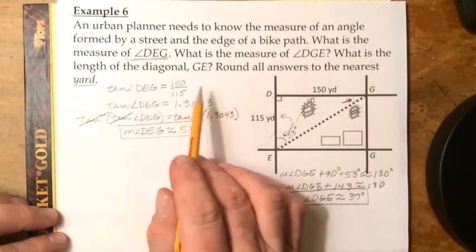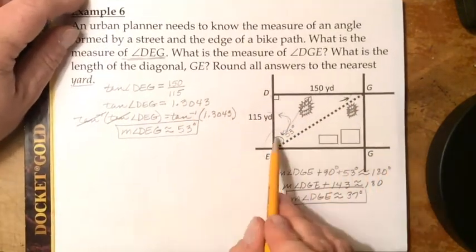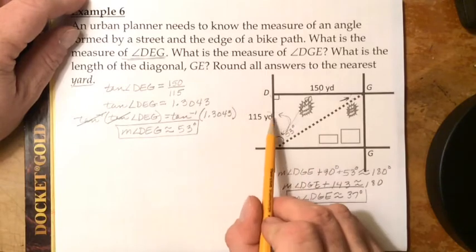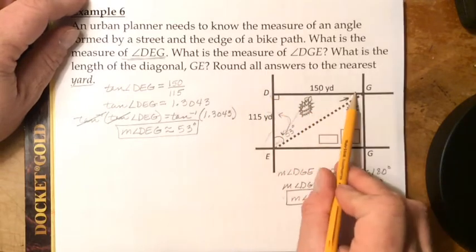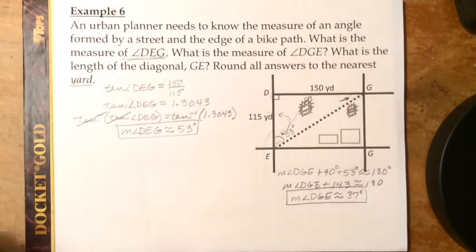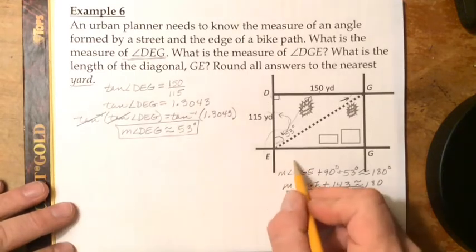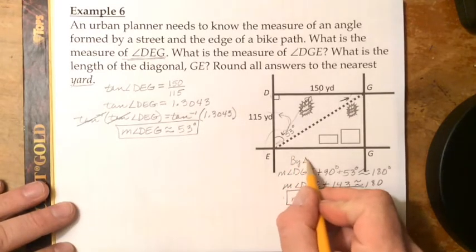Finally, they want us to find the length of diagonal GE, this right here. Well, we've already got two sides of the right triangle, so we can just use Pythagorean Theorem. This was by triangle angle sum theorem.